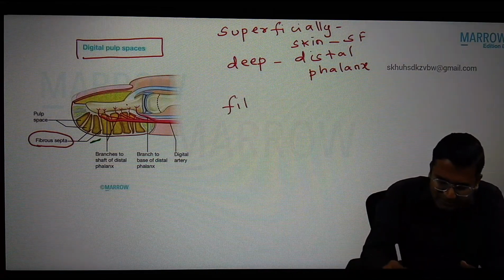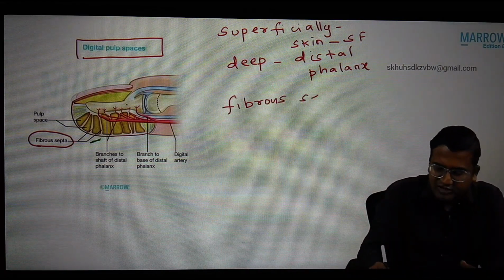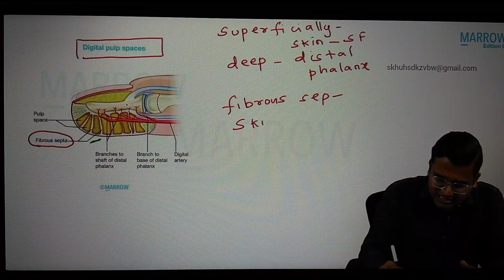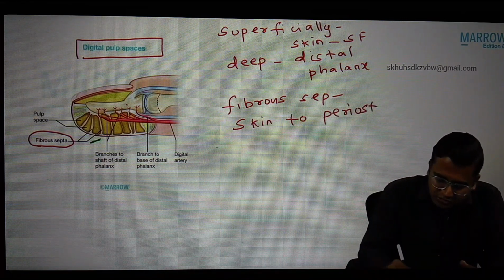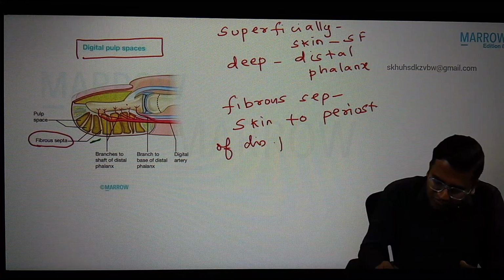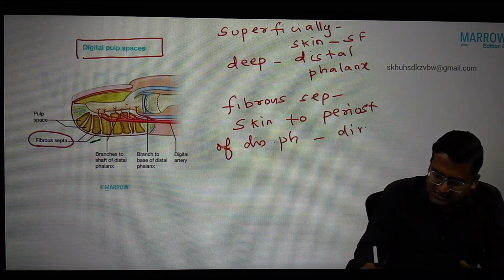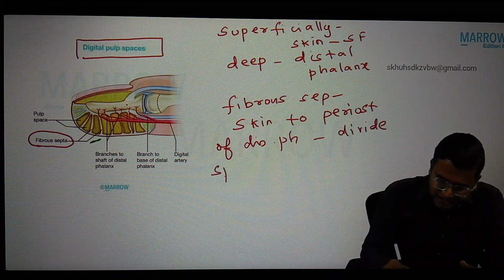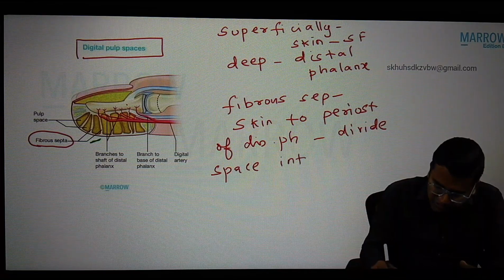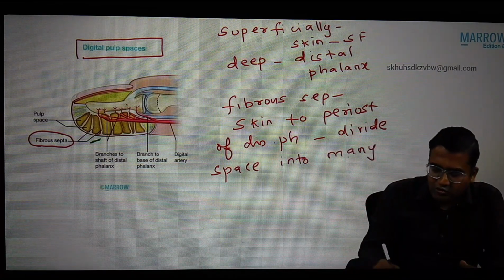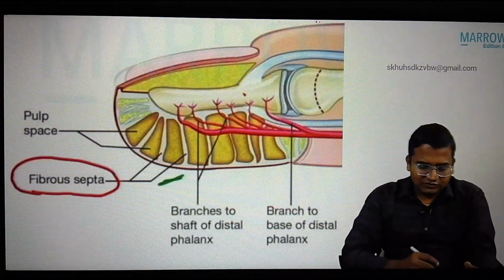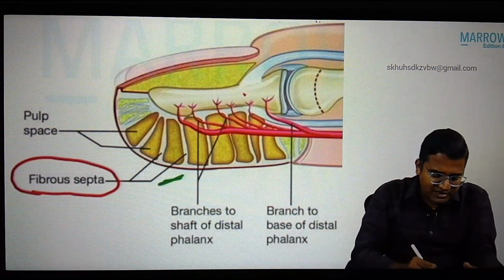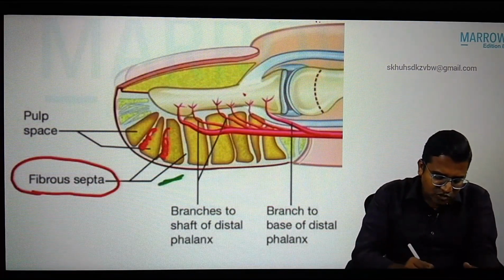So the fibrous septa from the skin to the periosteum of the distal phalanx divide this space into many loculi. This is very important. The fibrous septa divide this space into so many small spaces, so many loculi.